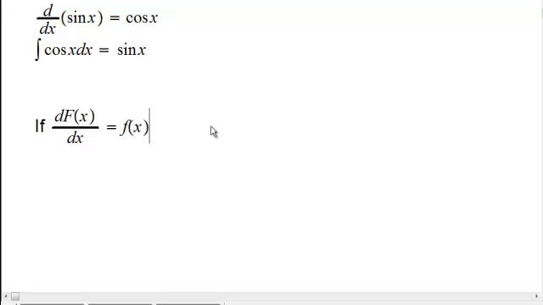So here, if the derivative of this function, capital F, which is a differentiable function of course, is small f, then we say simply that the antiderivative of this is capital F plus c.